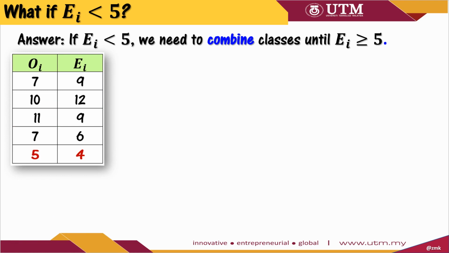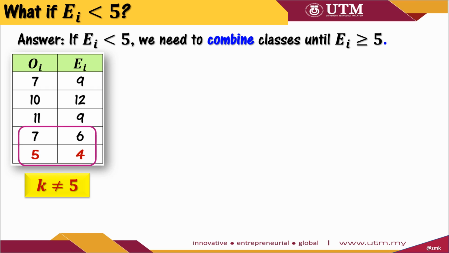Notice that the last EI is 4, which is less than 5, and hence the number of classes K is not simply 5. To identify what K is, what you need to do first is to combine the last class with its neighboring class, which is a class before.